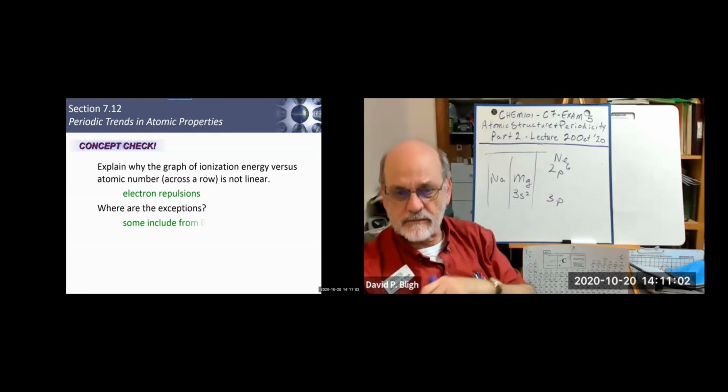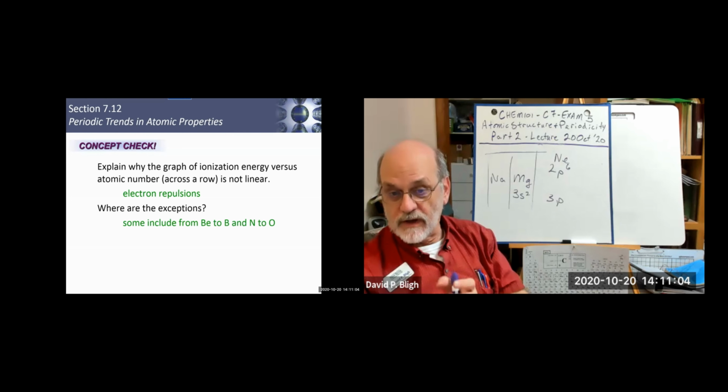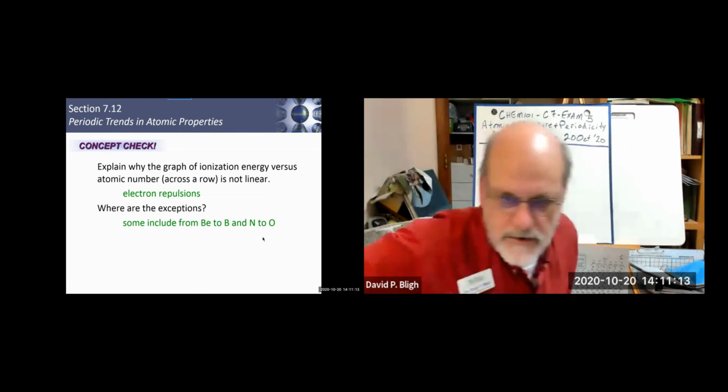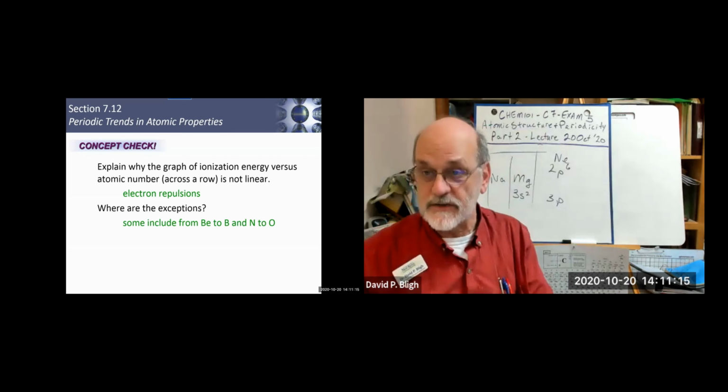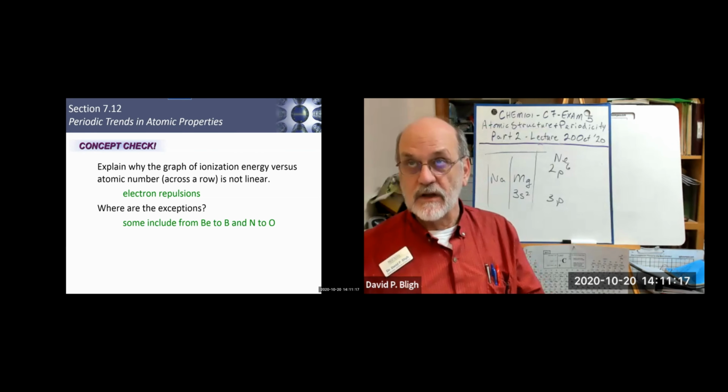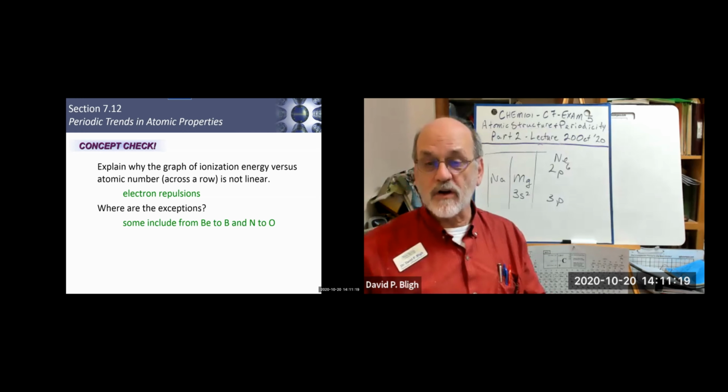Where are the exceptions? Well, we talked about beryllium to boron. We didn't talk about nitrogen to oxygen. That's a little more difficult to gather from the periodic table itself, but it's doable. From nitrogen to oxygen, we're talking about 2p.